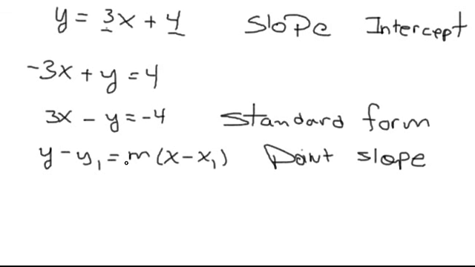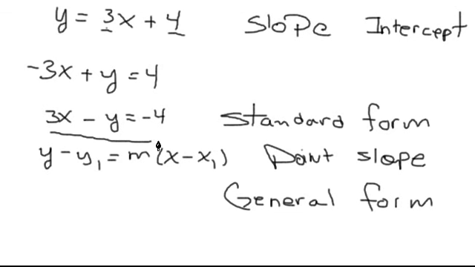Let's see, there's one other form. There's the general form. And the general form is nothing but this right here, except we're going to take this negative 4 over. So we have 3x minus y, and then I'll bring that 4 over, plus 4 is equal to 0.